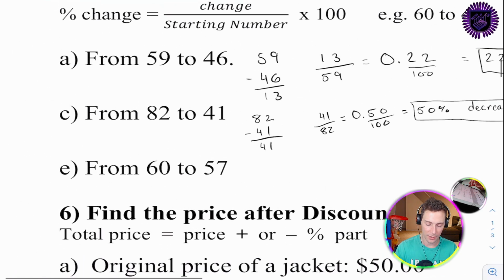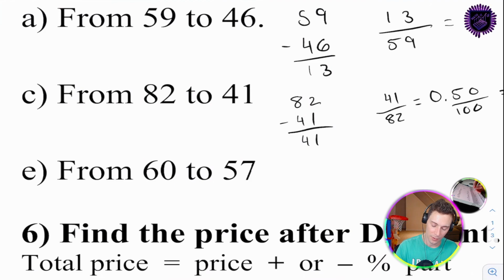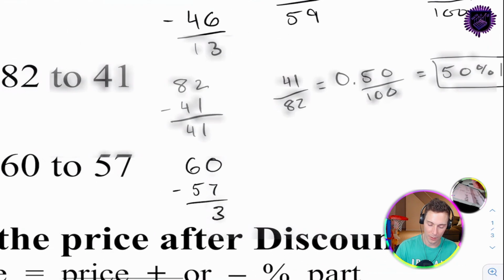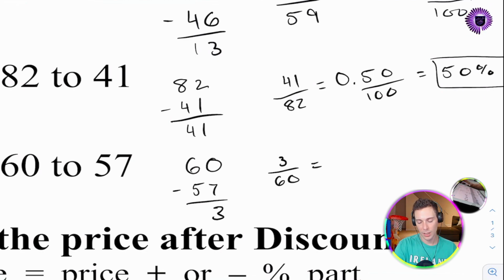33% decrease. Okay. From 60 to 57, 3 down. So 60 subtract 57, it's going to be 3. And 3 over 60 as a decimal, it's like 1/20th, which is 5%. 0.05.